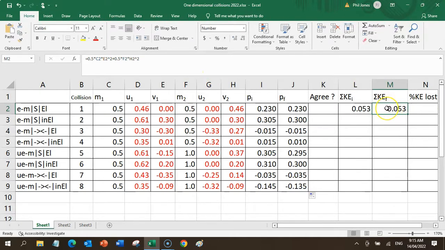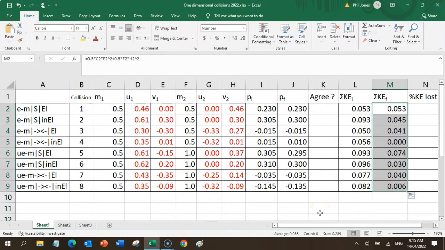And similarly over here, we've got half the mass of the first times the final velocity squared, and again half the mass times the final velocity squared. Again, we can fill down, putting that formula into each of these.